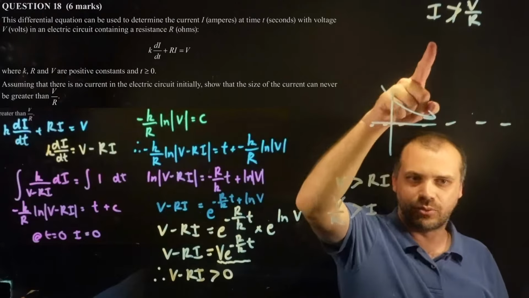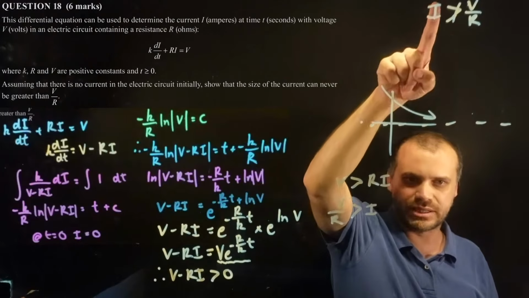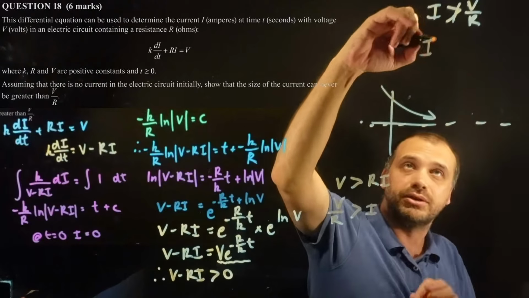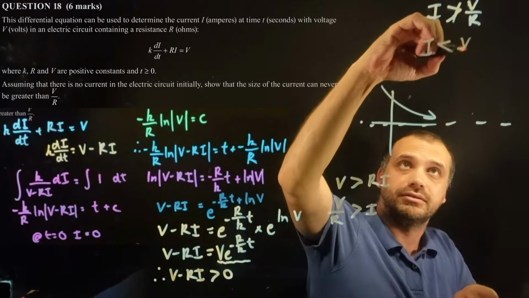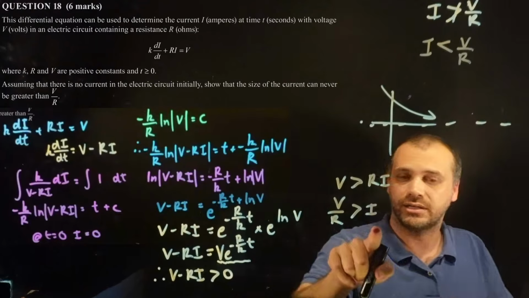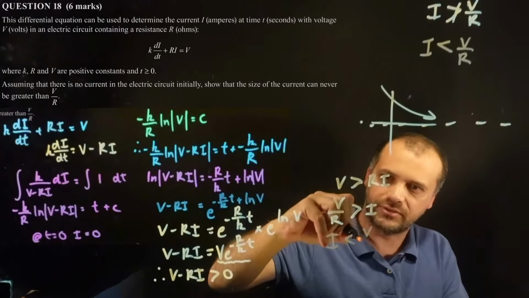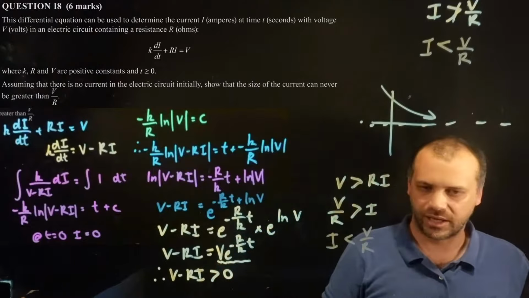Now I used a very weird symbol here. I said that i is not greater than v over r. Another way to say that would be i is less than v over r. And this says i is less than v over r.